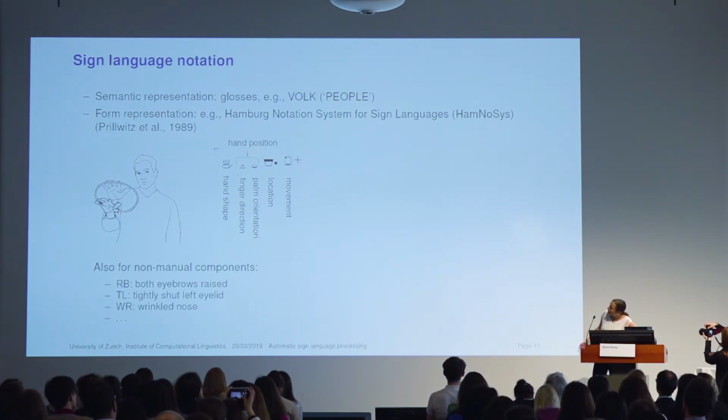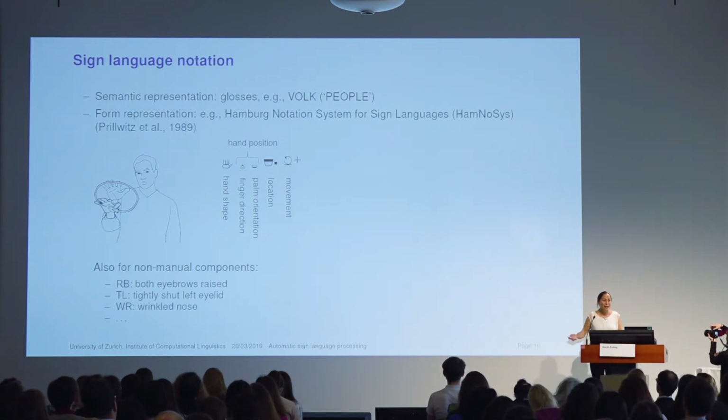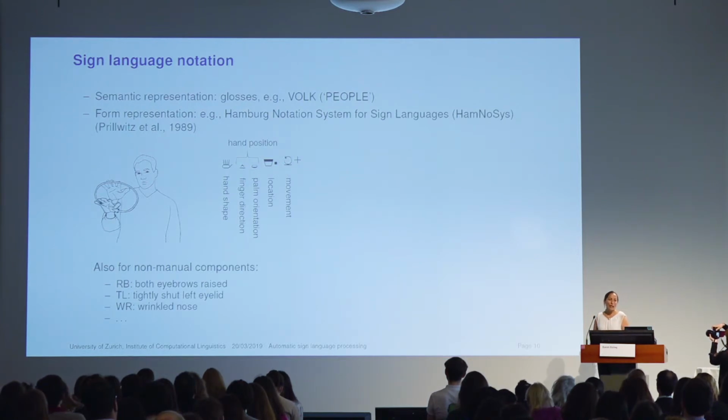So in terms of the hand shape, you can see the symbols are quite iconic. Without actually knowing sign language, which I presume is the case for most of you, you can probably tell that this indicates that the sign has an open five-finger hand, so fingers spread. Then we have symbols that refer to the direction of the extended finger or fingers and to the orientation of the palm, as well as the location, so where the sign is being performed.